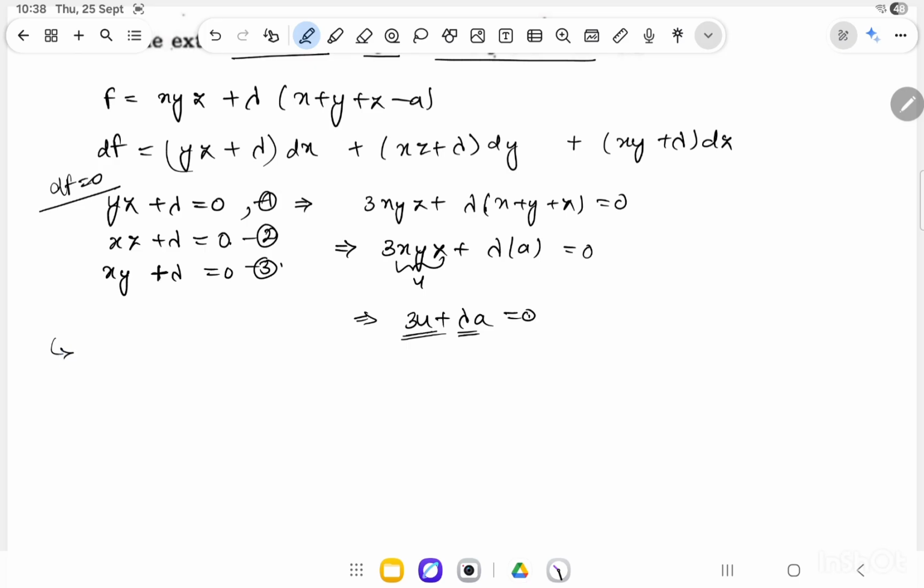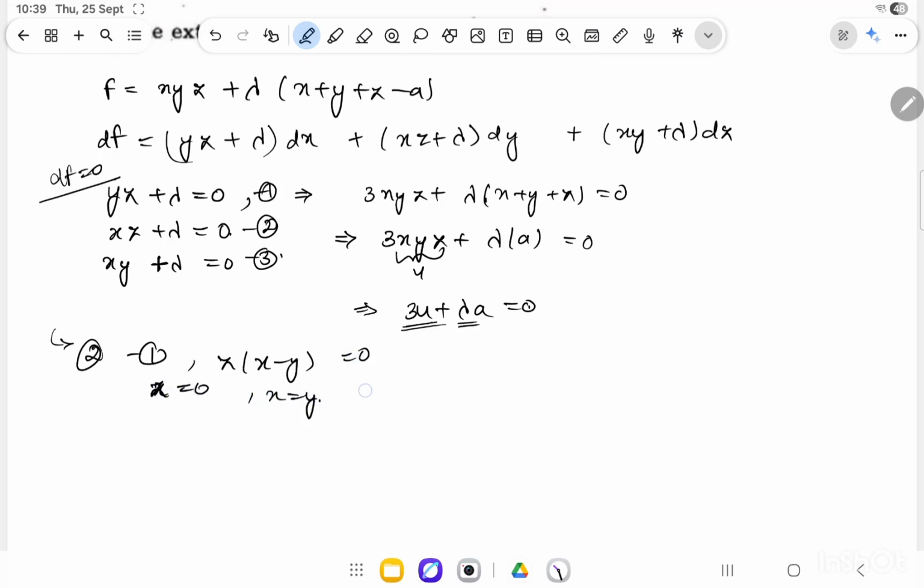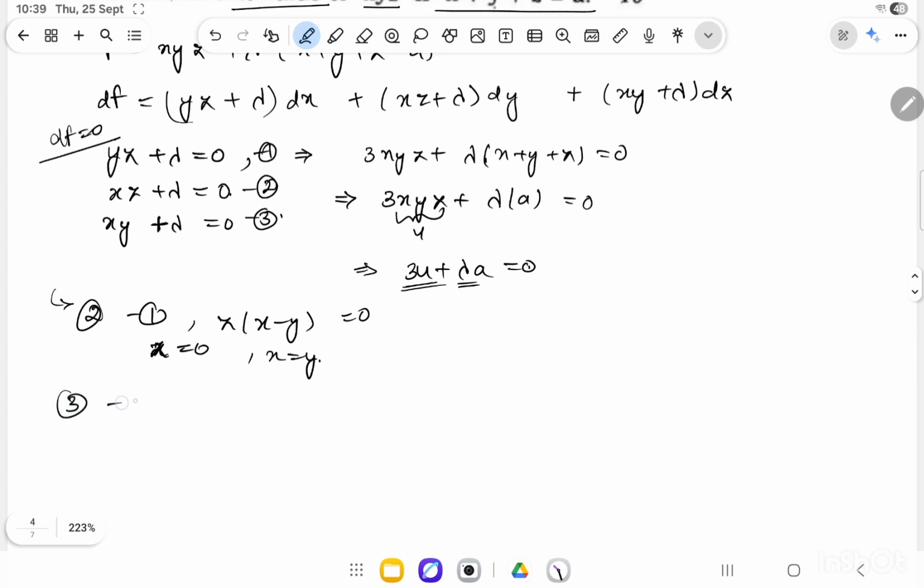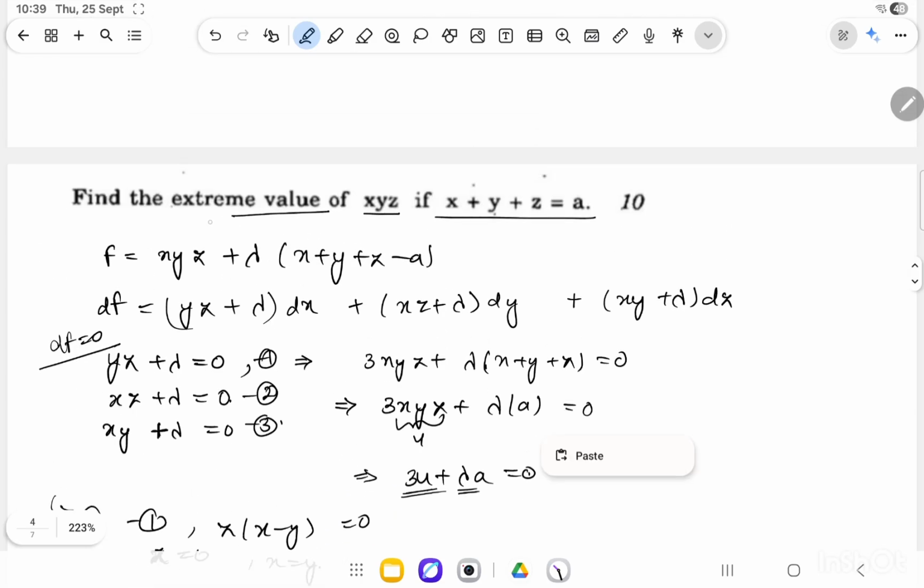Other relations you can find by subtracting 1 from 2. That will give you z into (x minus y) equals 0. So from here either z is 0 or x equals y. Likewise, if you subtract equation 2 from equation 3, you will get x equals 0 or y equals z. But we are supposed to find the extreme values.